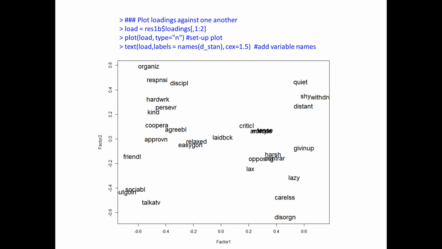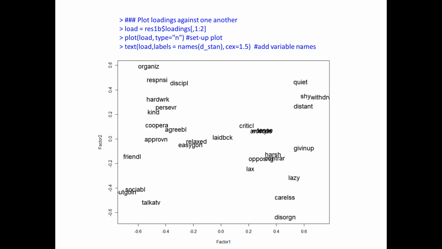In addition, we can visualize these variables in 2D space by plotting factor 1 against factor 2, and that's what the figure is shown on this slide. You can see when we move along the axes for the factors, the variables that hang together.